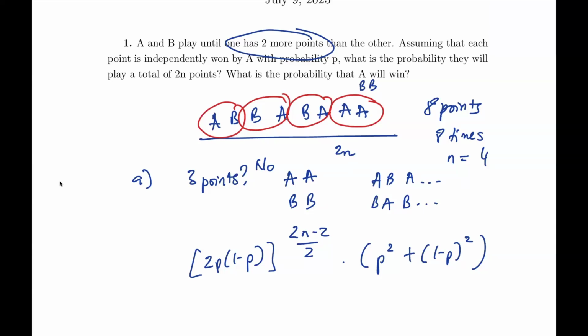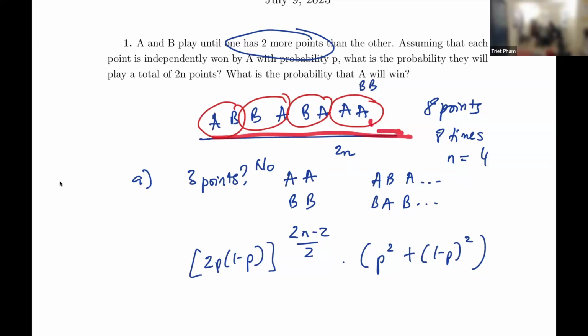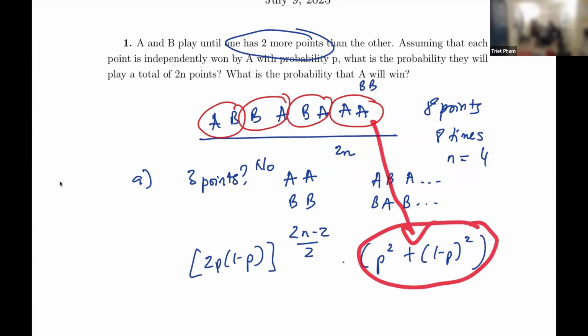Wait, I'm sorry. Can you go over that formula again that you just wrote down? Yeah. If you look at any game with any length, it ends at that length because the last round must end at AA or BB. That's the winning round. So the probability of that is determined here, AA or BB.